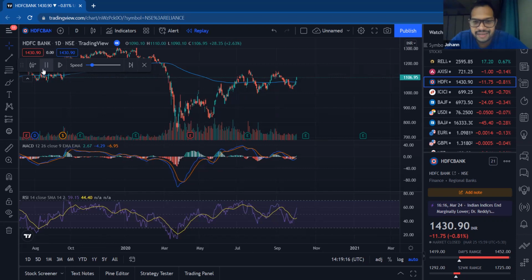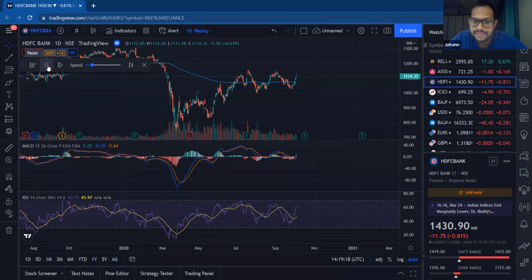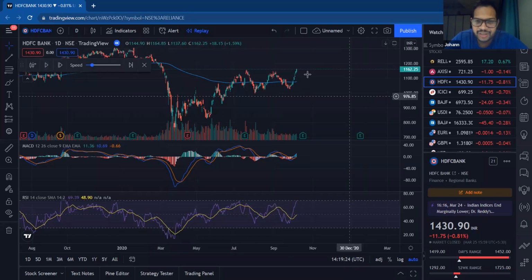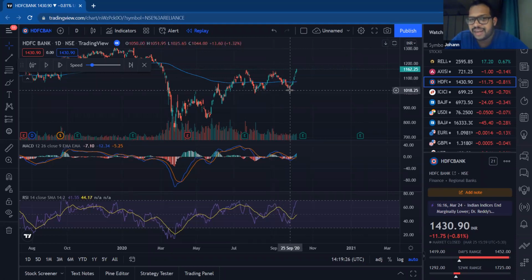So can you see this? See what's happening. Have you seen? You saw this? Did you see how it played out? Right? So it came here, it turned, you got the sign of turnaround, bulls taking control, RSI began rising, right?